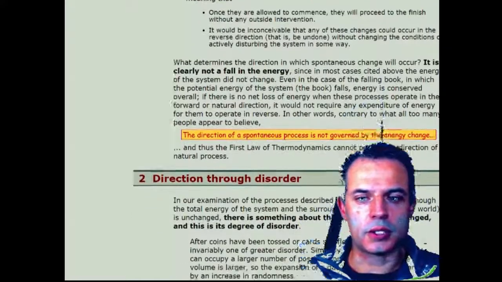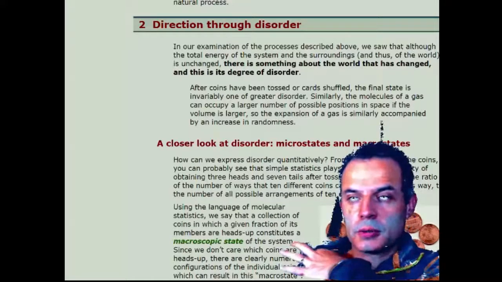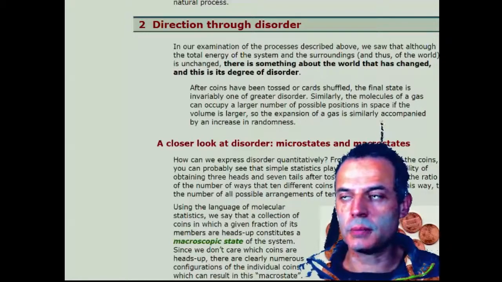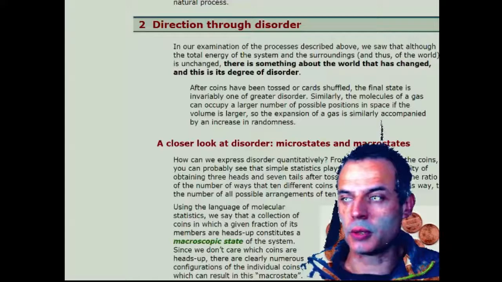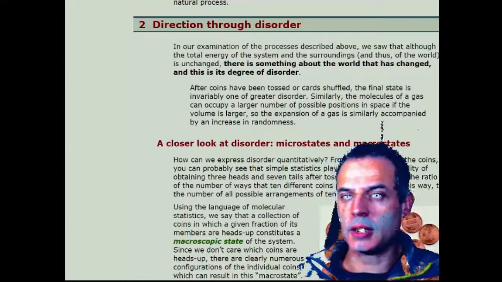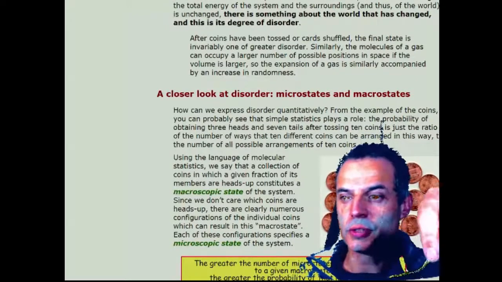So let's see this. Here's this direction through disorder statement, where they say if we increase the amount of disorder, we have defined the direction, which is our entropy that we've had up till now. That's not entirely the best explanation of entropy, so we will look further down this page.